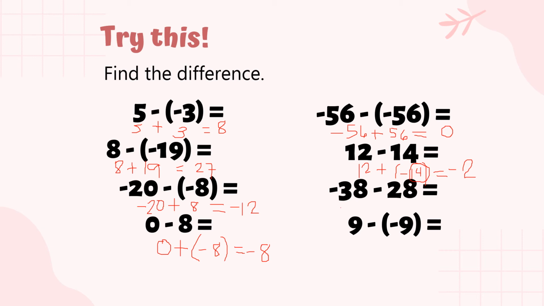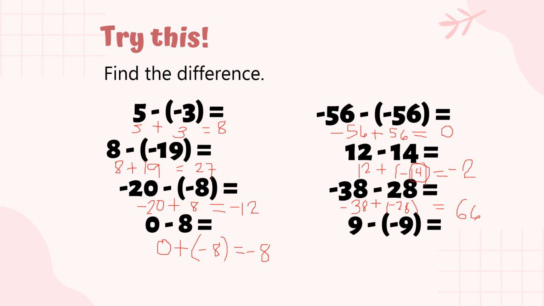Next, negative 38 minus 28. So, simply copy the minuend, proceed to addition, change the sign of your subtrahend. This will become negative 28. Okay? So, notice that they have the same sign. Both are negative. So, we simply add the 2. 38 plus 28 is 66.